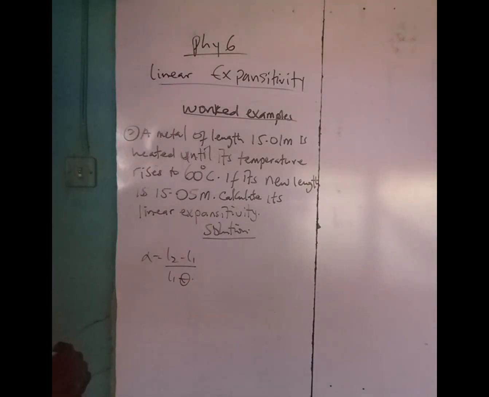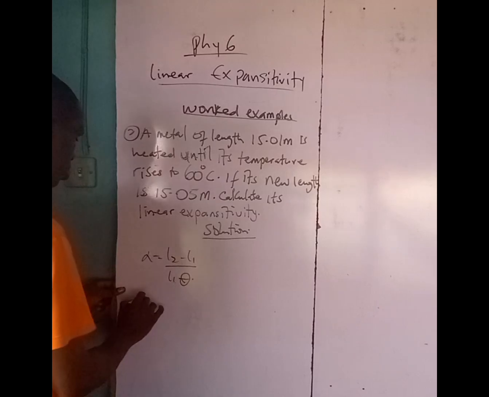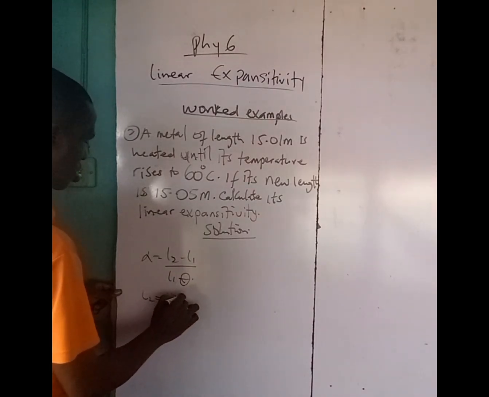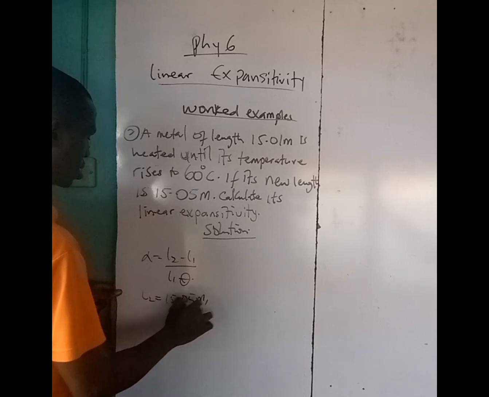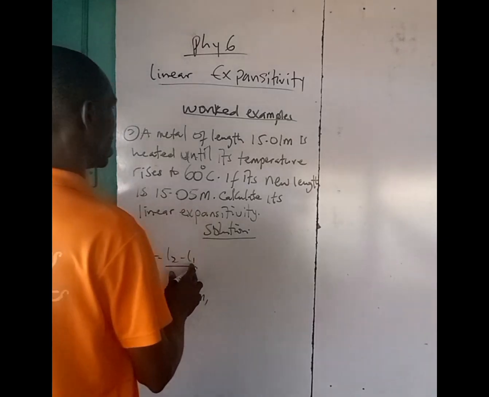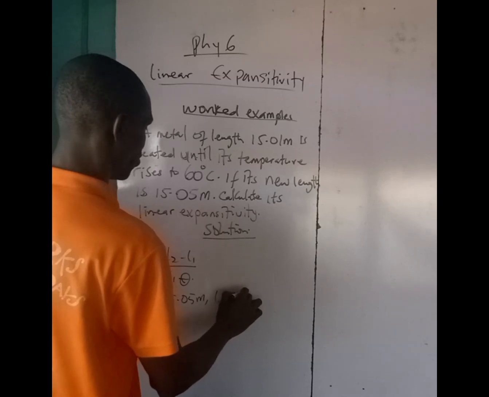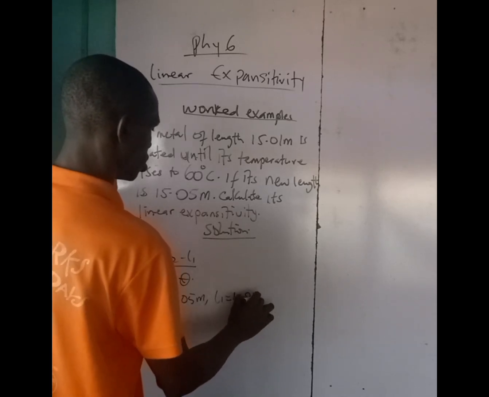Okay, so let's quickly figure out. We have to calculate alpha anyway. So our L2 now, what's the new length? That's 15.05 meter. What's the initial length? First length L1 is 15.01 meter.